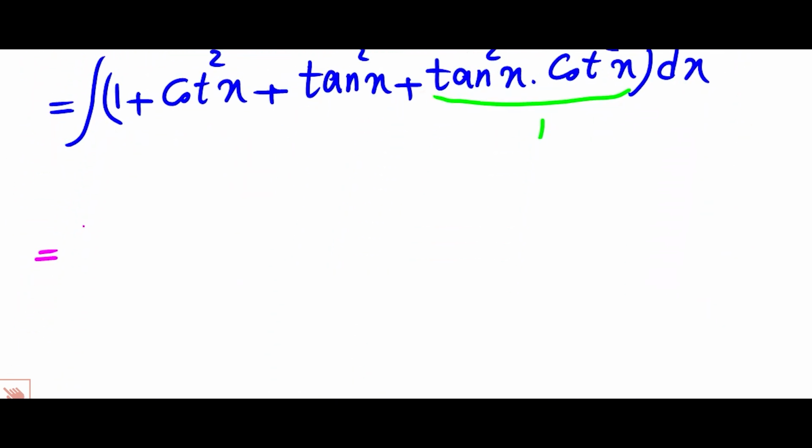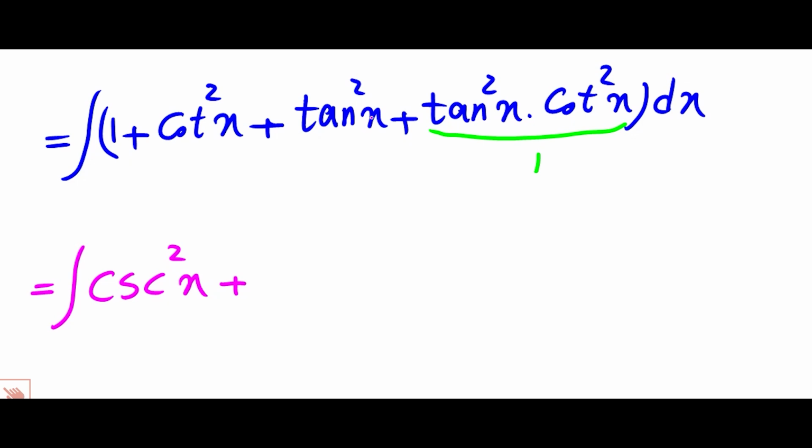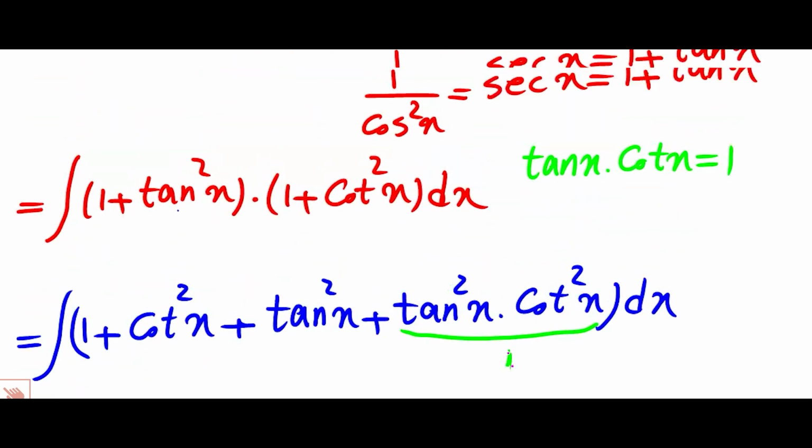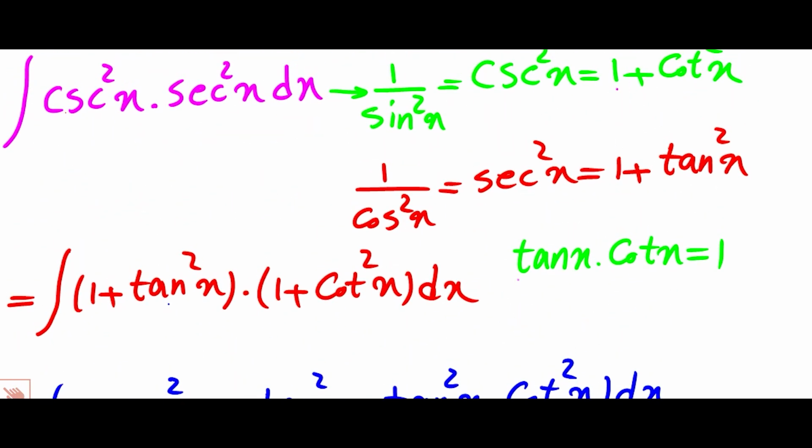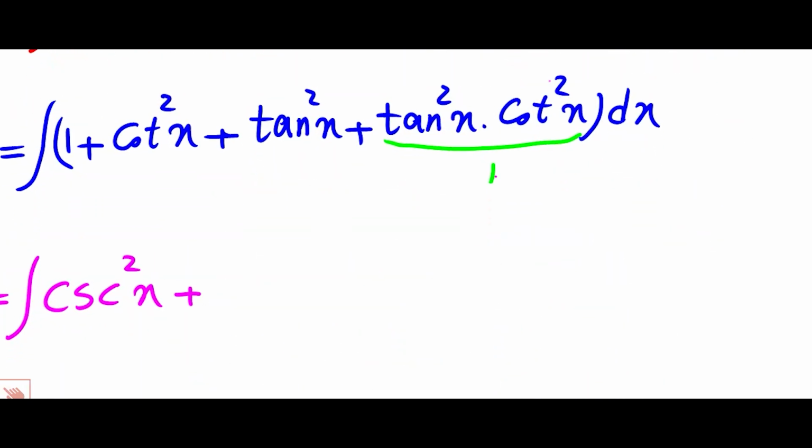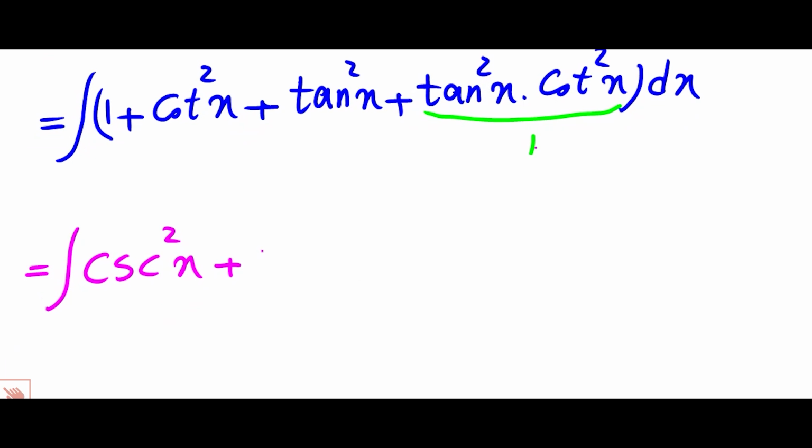So we have the integral of cosecant squared of x plus tangent squared of x plus 1, and 1 plus tangent squared equals secant squared x dx.